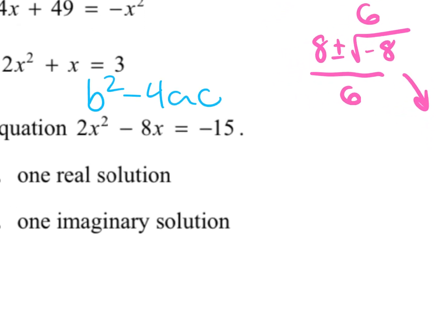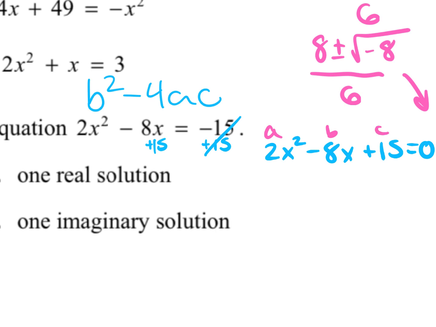Maybe. So what do I do before I plug in my a, b, and c? You get the 15 on your side. I have to add 15 to the other side. So this is 2x squared minus 8x plus 15 is equal to 0. Now I can label my a, b, and c and plug it in.